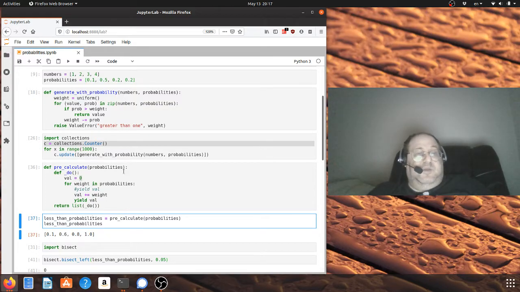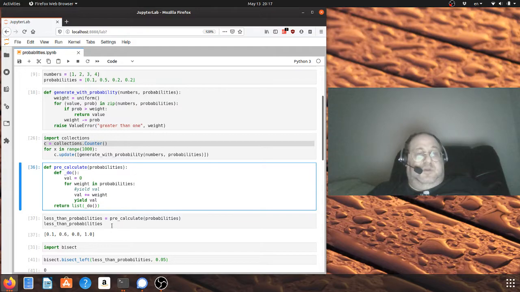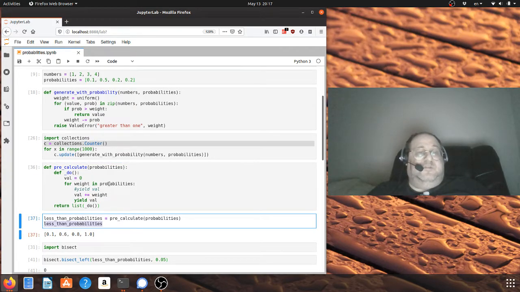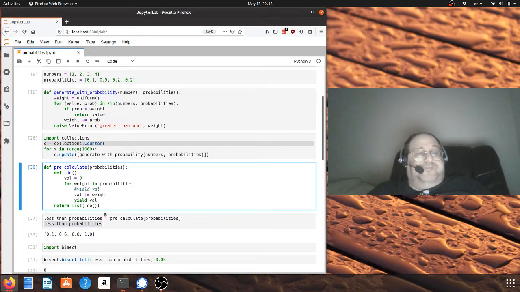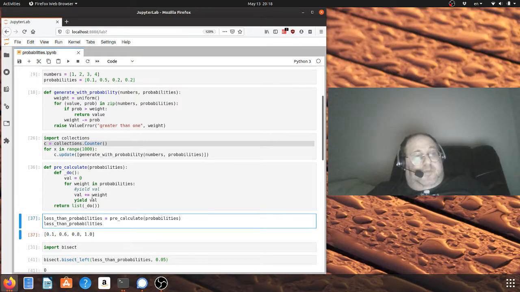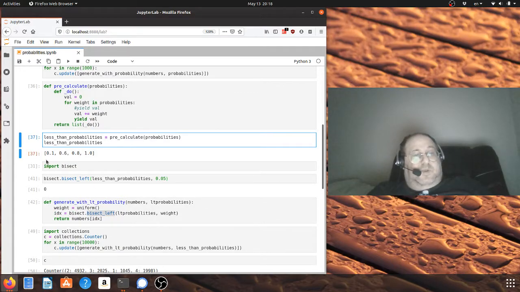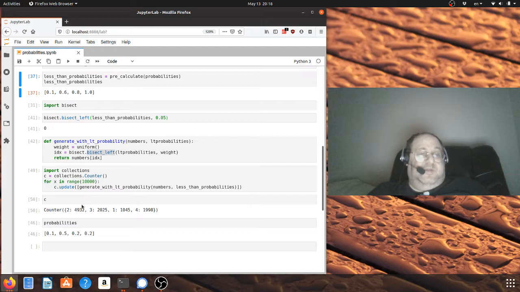So we can be pretty fancy with caching, but I don't want to get into fancy automatic caching. In general, usually you want to be explicit about these things anyway. Then we can pre-calculate the probabilities like this. We'll get the less-than probabilities, and then we can use bisect.